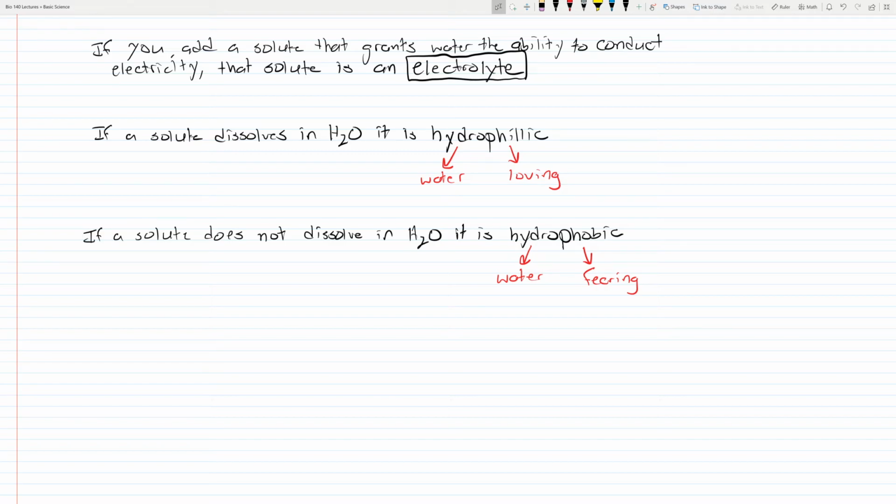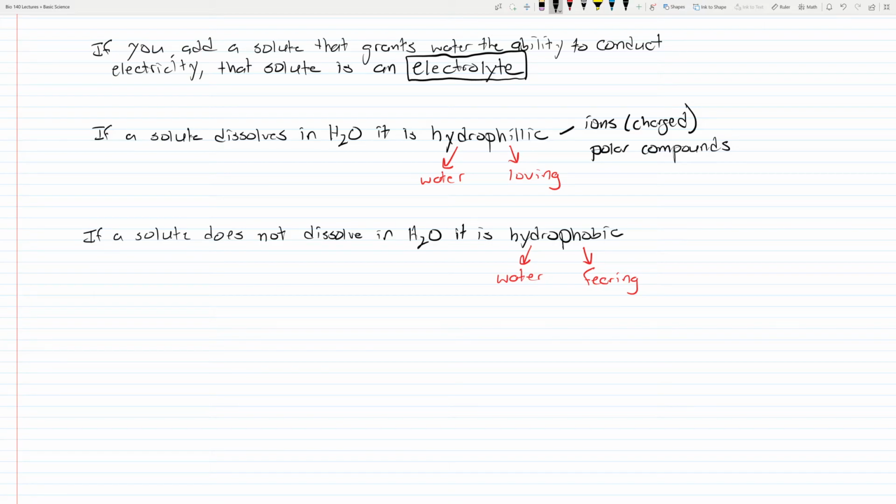But they will not mix normally. So the general rule: how can I determine if something is going to be hydrophobic or hydrophilic just by looking at it? I already told you, hydrophilic: ions, so basically charged particles, and polar compounds are typically going to be hydrophilic.